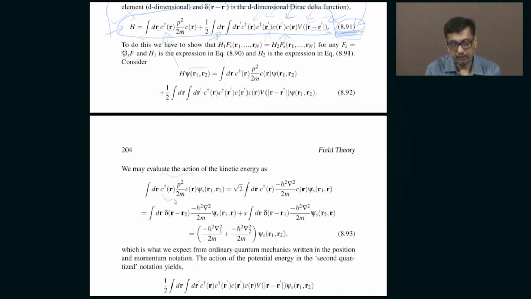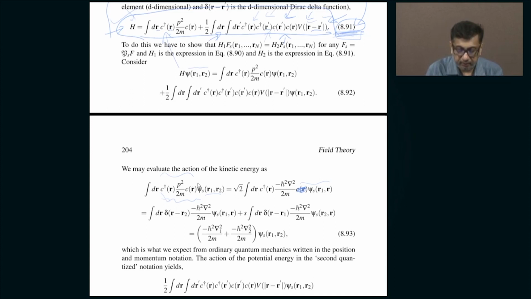So, when you act this on a wave function, you see, when you annihilate a particle, I told you what that means. That basically means that... this is a typo, this should not be there. The point is that this C has been eliminated.